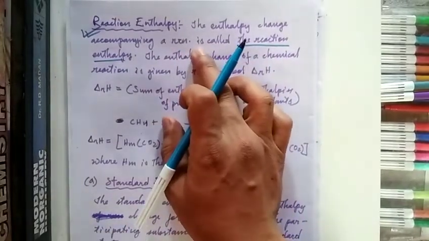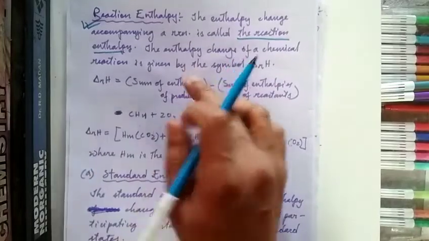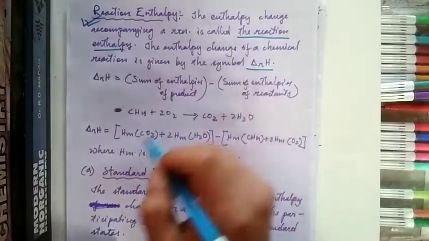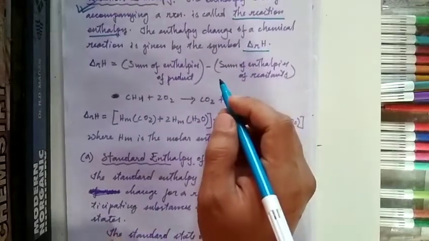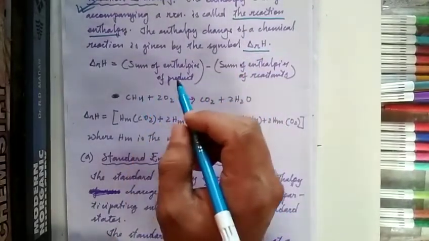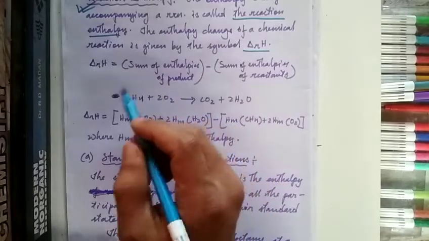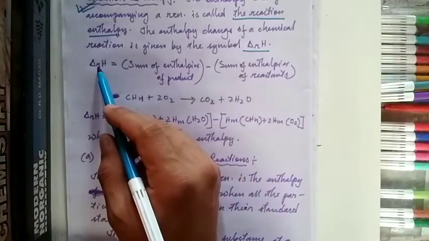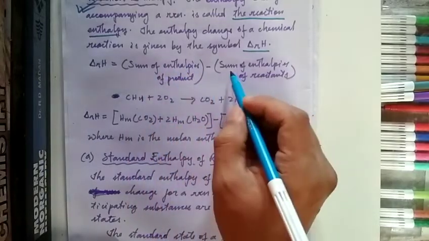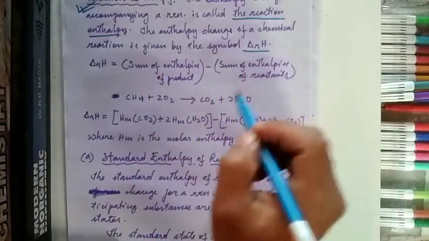The enthalpy change is given by this symbol, delta r H. So how can you find the reaction enthalpy? It's given by delta r H equals the sum of enthalpies of products minus the sum of enthalpies of reactants.